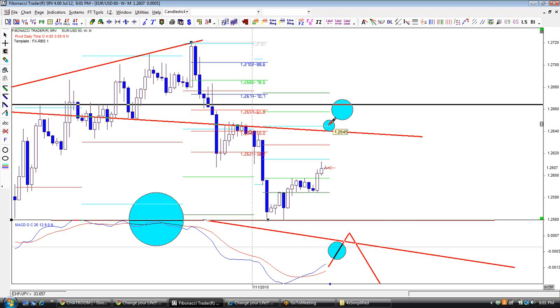So if price climbs up to here and we see that MACD crossing bearish, well, it's time for us to enter. Where can we place the stop? Above support 3. Pivot line, above the pivot line.